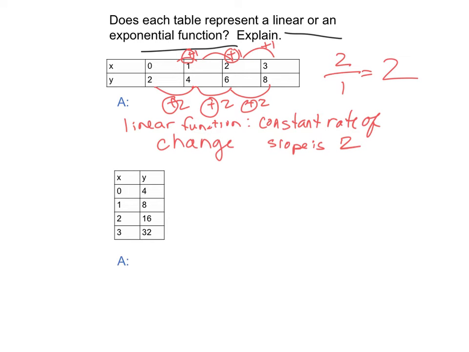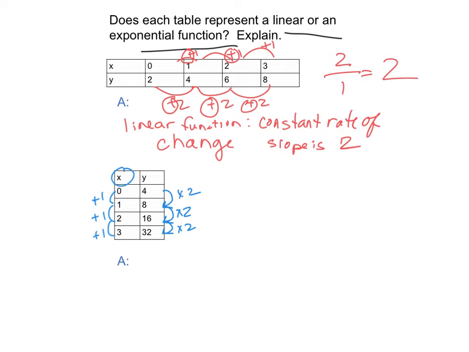All right, so now let's look at the next one. How does x increase here? Plus 1. How does it increase here? Plus 1. How does it increase here? Plus 1. Okay, so that doesn't tell me anything. Now I'm going to look at my y's. From here to here, okay, it's either plus 4 or times 2, so I have to look at this one to figure it out. Okay, so that is definitely times 2. It is not plus 4.